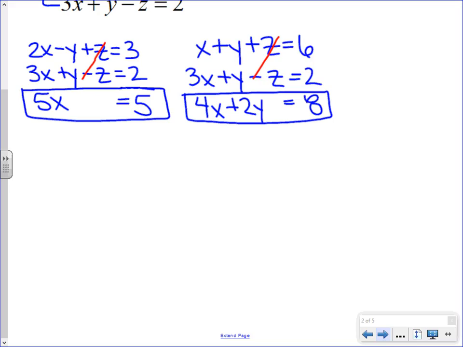Okay. Now we are down to two equations and two unknowns. So what we are going to do is take these two equations, solve for x and y, and then worry about z very last. Okay? So this was really nice, and this isn't always going to happen, but x and y eliminated here. So what is that?